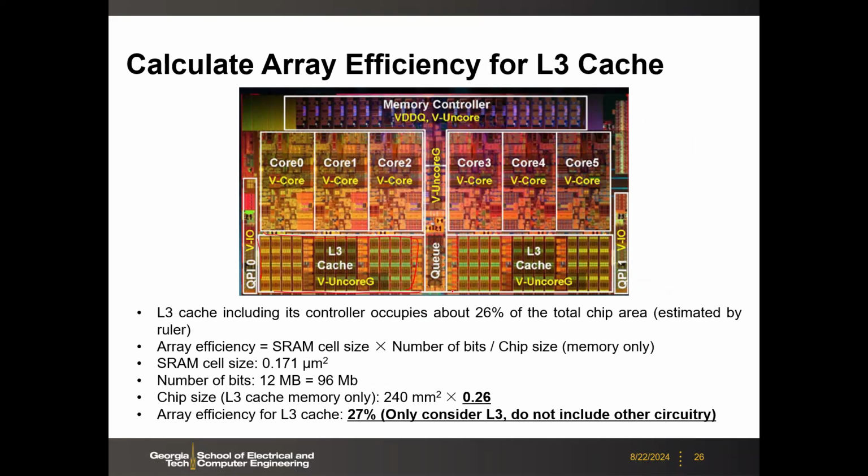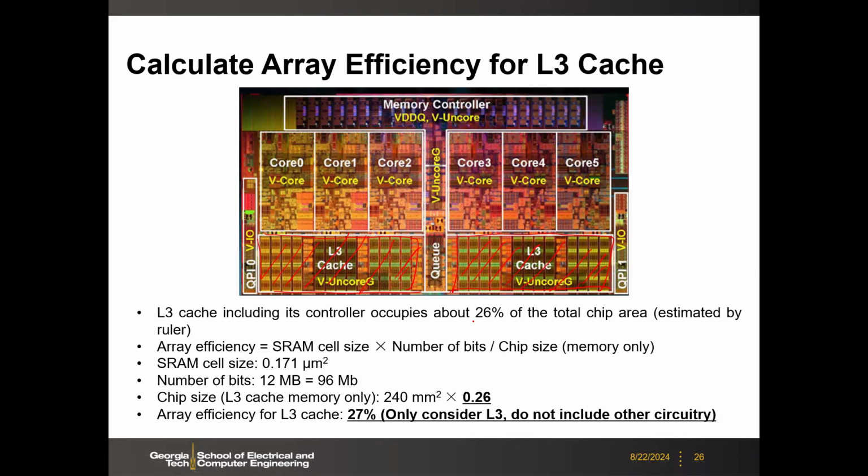We want to estimate the array efficiency for the L3 cache. From the information on the previous slide, we can calculate this as a back-of-envelope calculation. From this die photo, we can estimate the L3 region. You can use a ruler or whatever method you prefer.